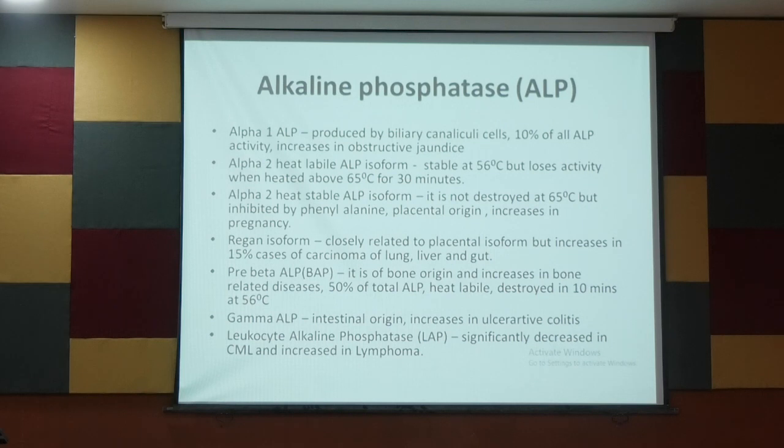But if it changes less than 10%, then this is the heat stable form of alkaline phosphatase. This is of placental origin. So we conclude this elevation is due to pregnancy, not due to obstructive jaundice. Pre-USG era diagnosis. Now it has no meaning. Most of the 90% of labs will not know this classification.